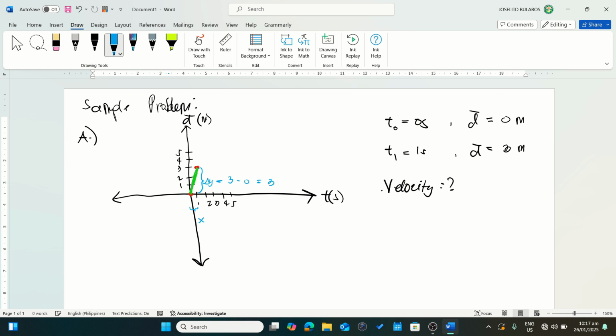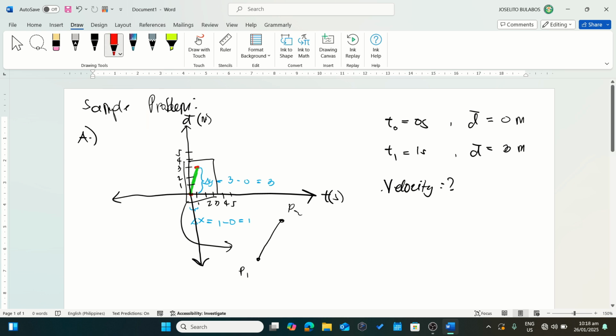From here, x, the change in x is from 1 minus 0, that is 1. Okay? So this is our point 1. This is our point 2.